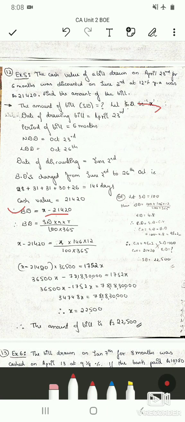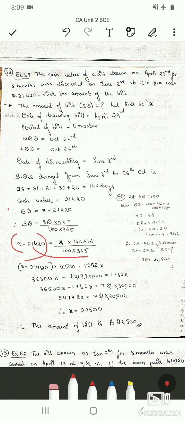So substitute the given terms in the formula of banker's discount. So banker's discount is x minus 21,420 equal to sum due, which we have taken as x, into n, which is 146 days, into 12 divided by 100 into 365. So when you simplify or solve for x, take these two terms to the left hand side.